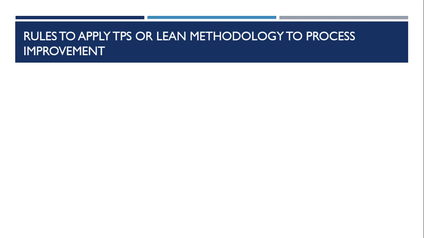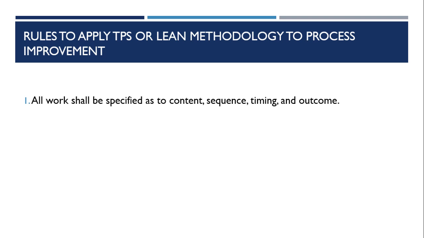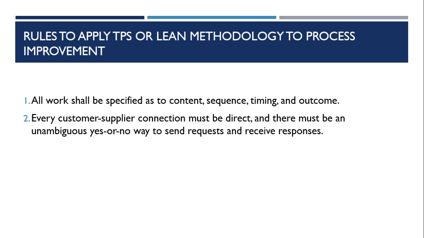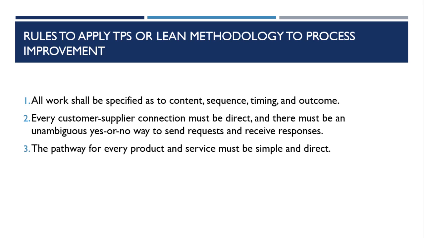There are 4 basic rules associated with applying Toyota's Total Production System, or TPS, or Lean methodology to process improvement. Number 1, all work shall be specified as to content, sequence, timing, and outcome. 2, every customer-supplier connection must be direct, and there must be an unambiguous yes or no way to send requests and receive responses. 3, the pathway for every product and service must be simple and direct.